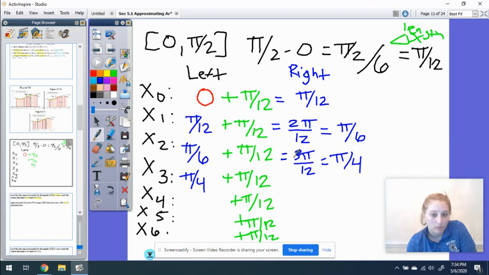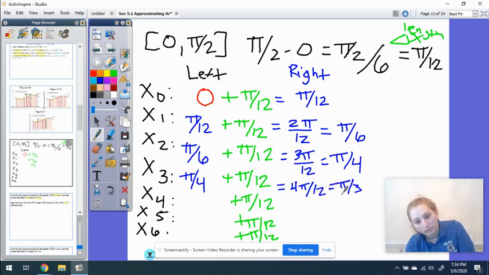So then pi over 4 plus pi over 12. So essentially I'm thinking of 3 pi over 12 plus pi over 12, which is going to give me 4 pi over 12. And that reduces down to pi over 3. So pi over 3 plus pi over 12 equals 5 pi over 12.